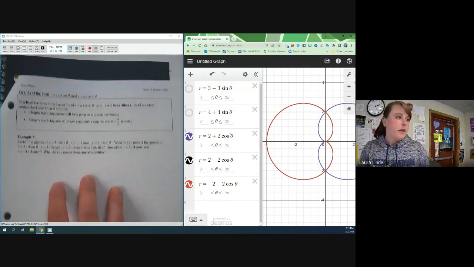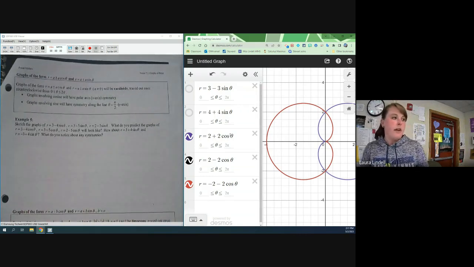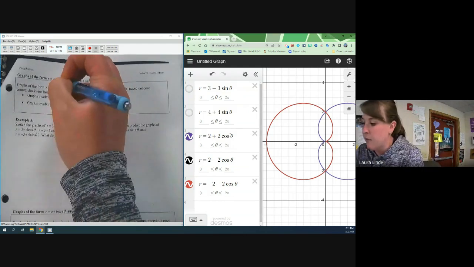All right, graphs that are taking the format of r equals a plus or minus a cosine theta and r equals a plus or minus a sine theta are all called cardioids. They kind of look like hearts, right? And so anyways, it's important that these two numbers be the same.